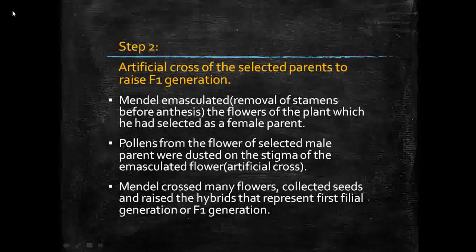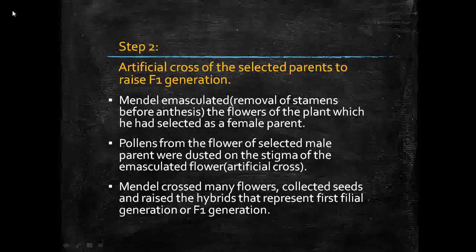Then step number 2 is artificial cross of the selected parents to raise the F1 generation. Mendel emasculated the flowers of the plant which he had selected as a female parent.